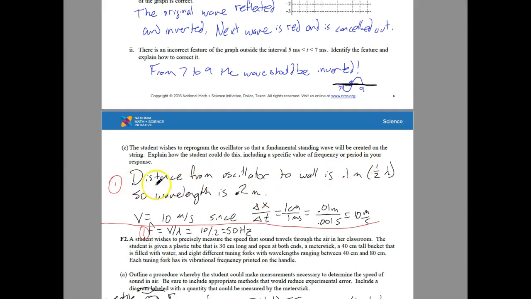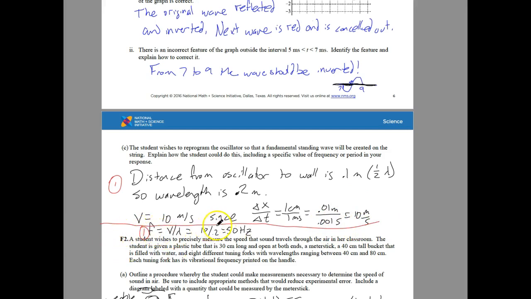You could move the distance of the oscillator to 0.1 meters. If you do that, then your wavelength is 0.2 meters. Your velocity is 10 meters per second, since 1 centimeter over 1 millisecond is 0.01 meters over 0.001 seconds, and that gives you a speed of 10 meters per second.